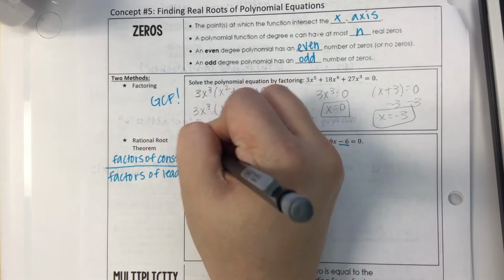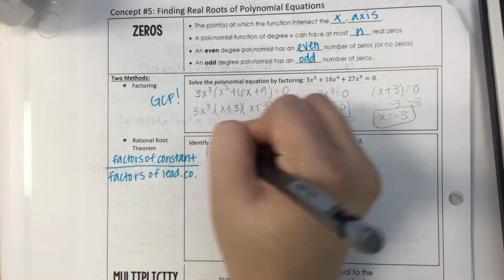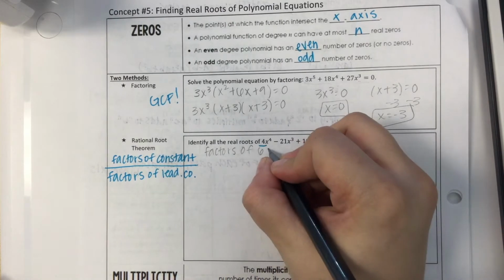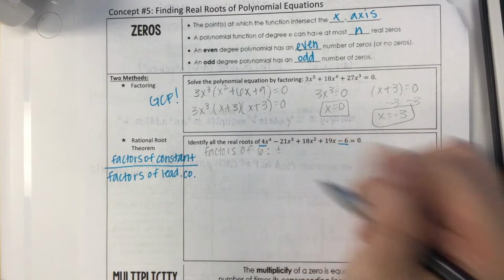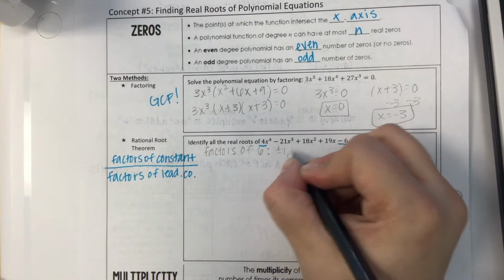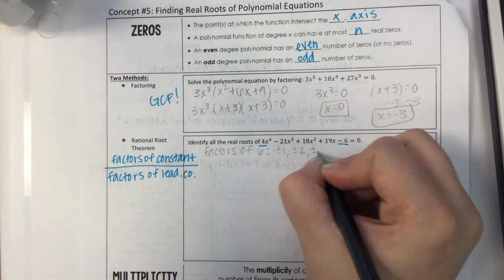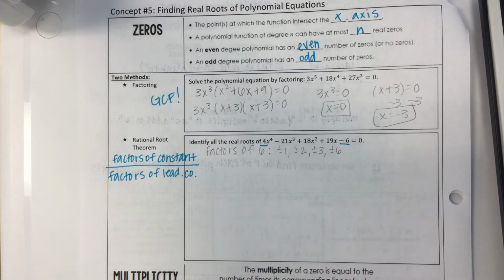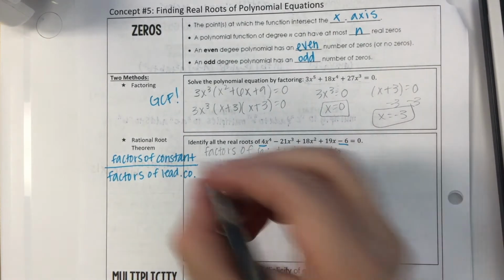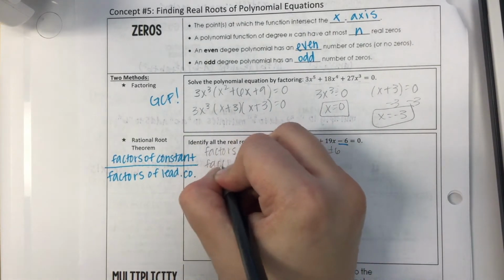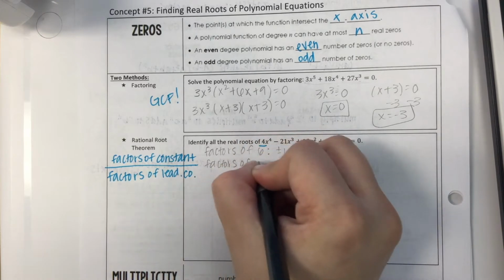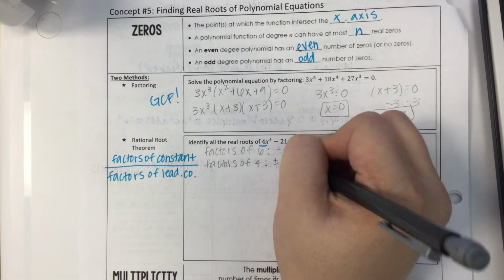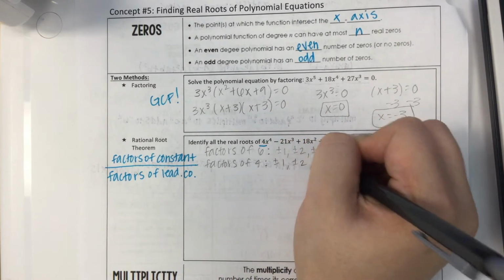We're going to go factors of 6. It's really negative 6, but we're all going to do the same thing. It's going to be plus or minus 1, plus or minus 2, plus or minus 3, and plus or minus 6. All the factors of 6. And then we're going to find the factors of 4: plus or minus 1, plus or minus 2, and plus or minus 4.